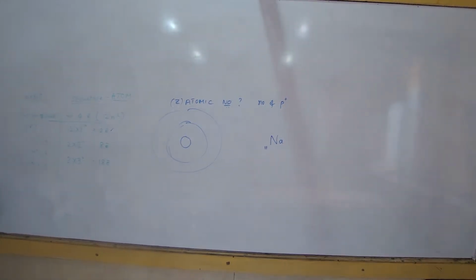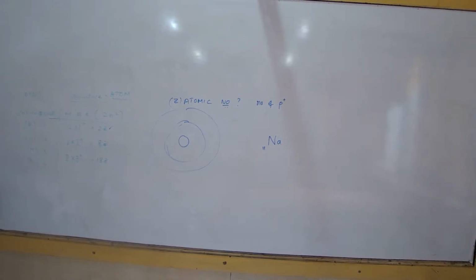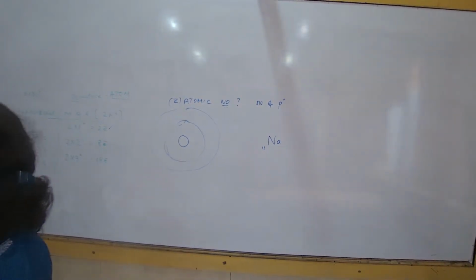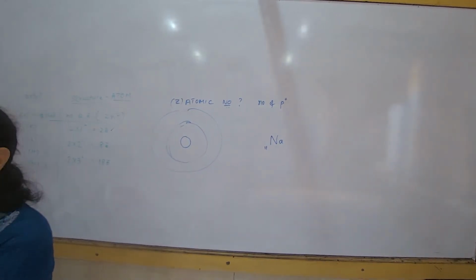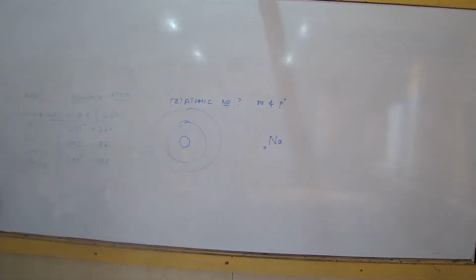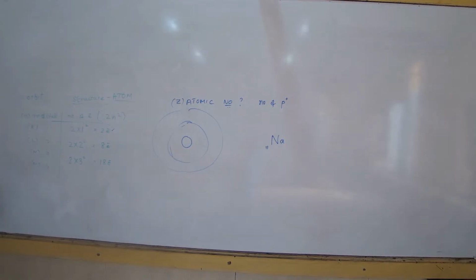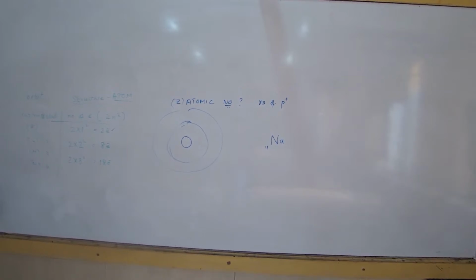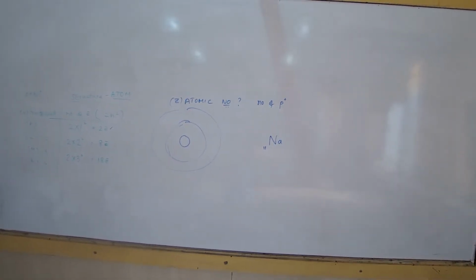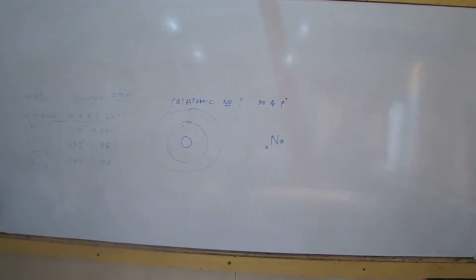Atomic number refers to the number of protons present inside the nucleus.